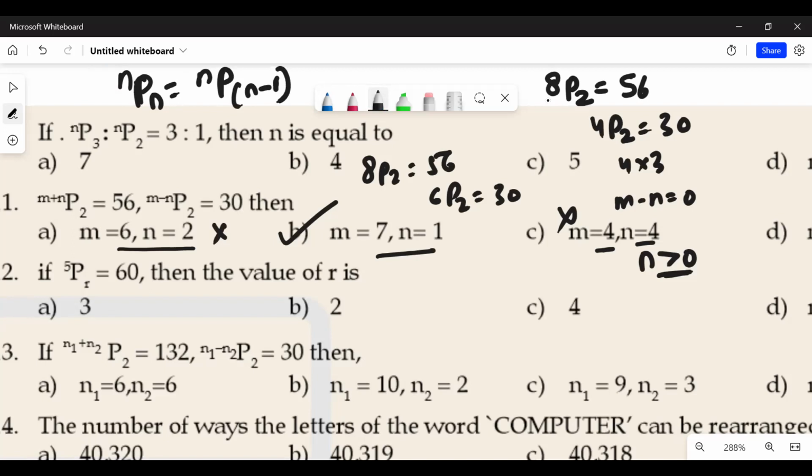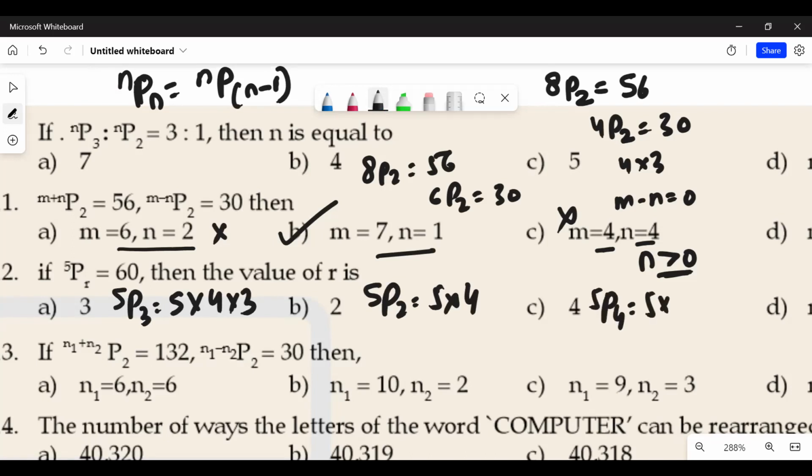So 5P3 means 5 into 4 into 3. 5P2 means 5 into 4. 5P4 means 5 into 4 into 3 into 2. In which case you are getting 60, guys.